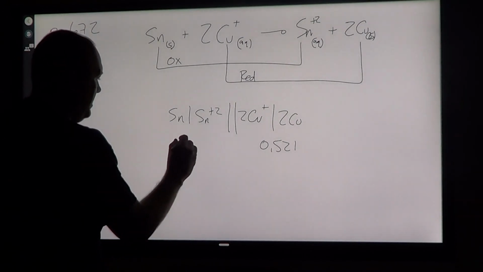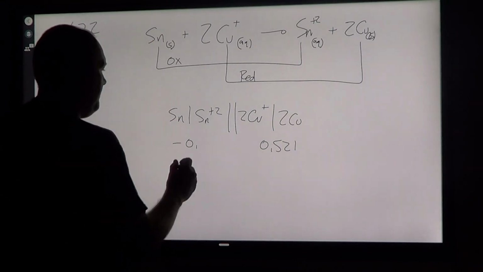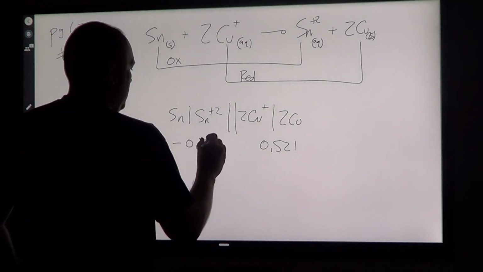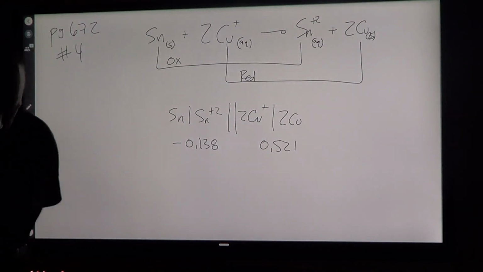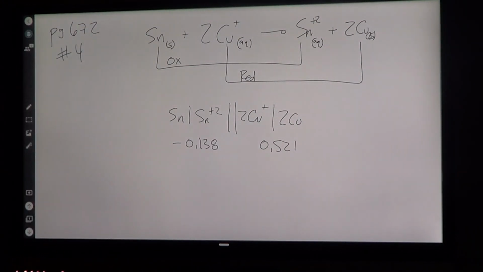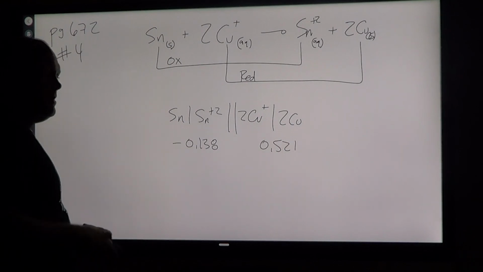So this is negative 0.1375. So I'm going to go negative 0.138. Okay. So make sure you look up those numbers and make sure I've got the right numbers there.